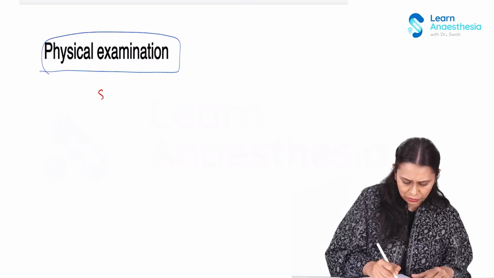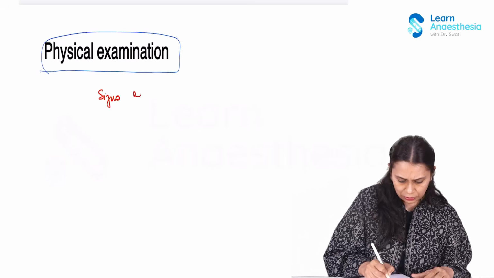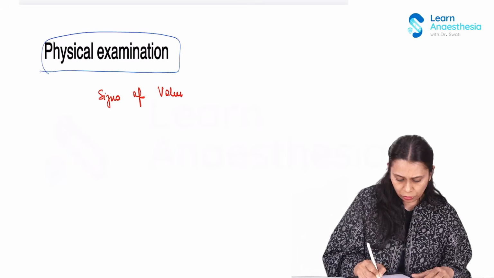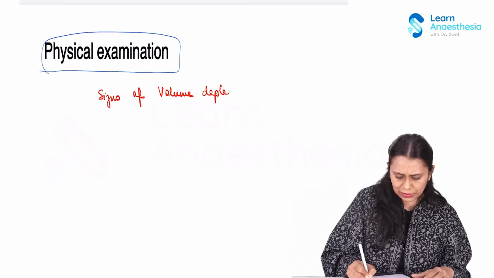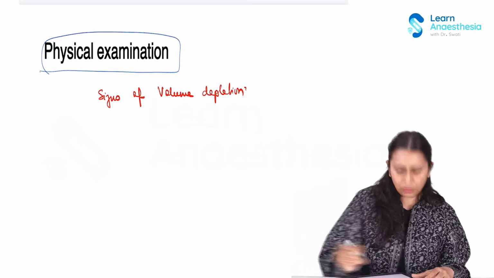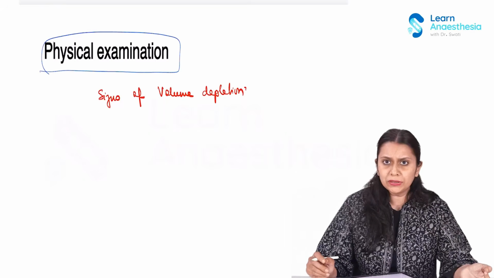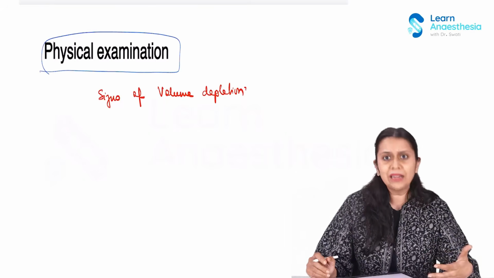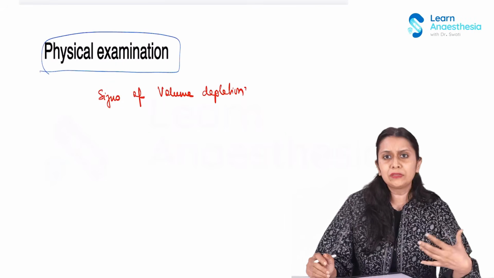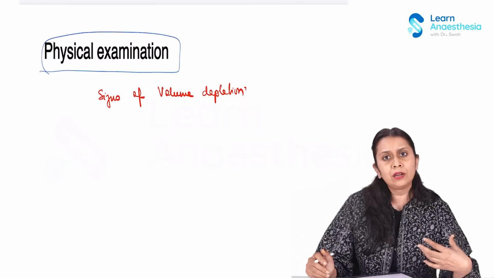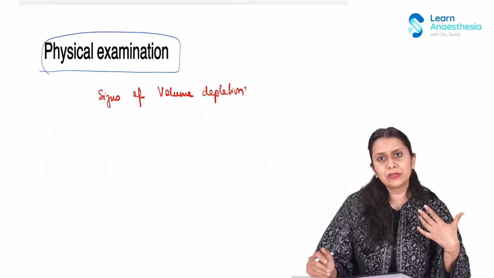So signs of volume depletion. How do we see the signs of volume depletion? Of course, the skin would be dry, the skin turgor would not be there, the dry axilla would be there, the patient's tongue would be dry, the JVP would be collapsed, right?